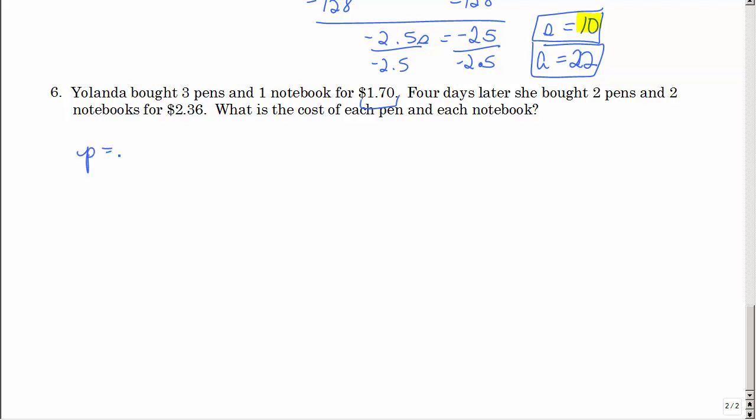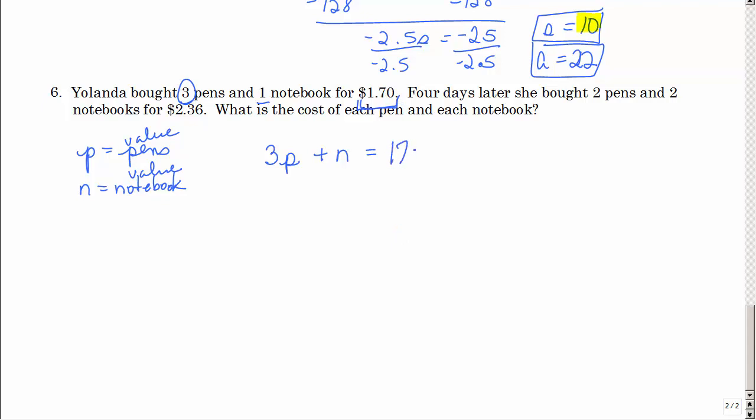So I'm going to let P be the pens and N be the notebook. But I don't, in fact, this has got to be the value. I don't know the value of each. Let's see, I bought 3 pens, so 3 times P, 3 times the value of the pens, plus 1 times the value of the notebook equals $1.70.